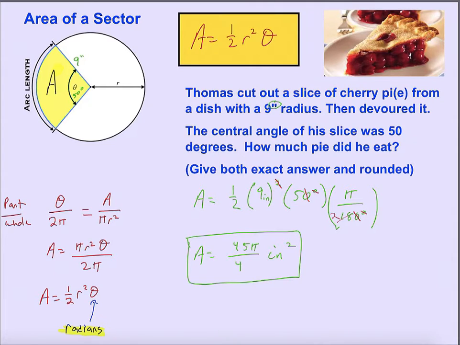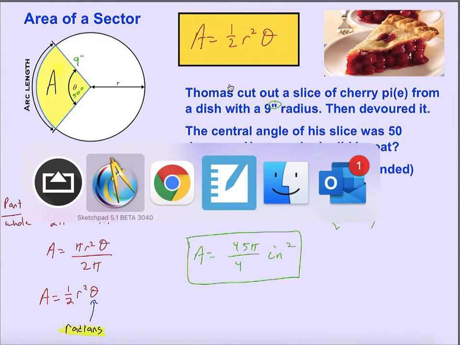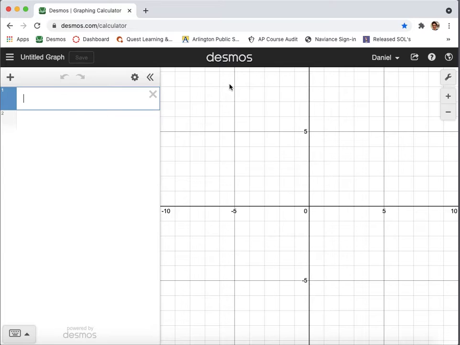Again, that pi has nothing to do with angles. It doesn't mean 45 semicircles divided by 4. It doesn't work that way at all. So if you want to convert that to a decimal, you certainly can. 45 pi over 4, that's about 35 and change square inches.